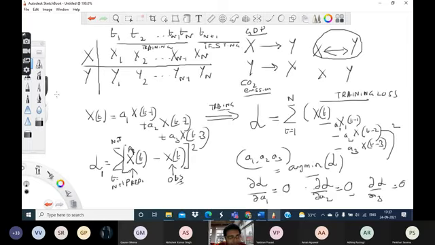So let us say our next model is: xt is equal to a1 xt minus 1 plus a2 xt minus 2 plus a3 xt minus 3 plus b1 yt minus 1 plus b2 yt minus 2 plus b3 yt minus 3.